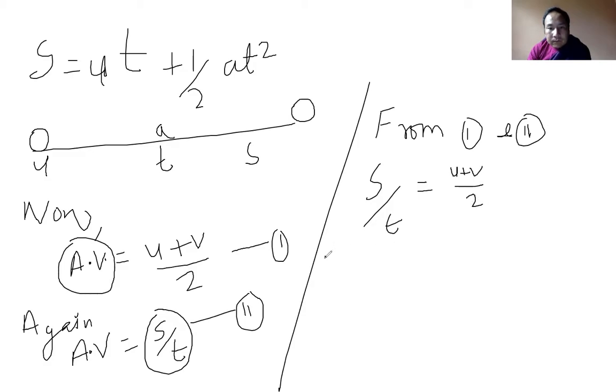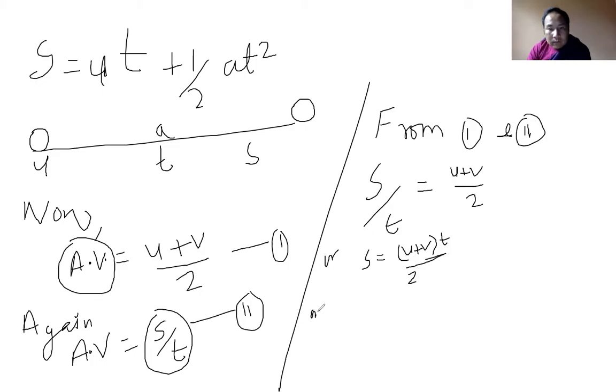Now we have to prove s equal to ut plus half at square. That means only s is needed on this side, so let's keep only s here and send the other side. When it goes the other side, it will multiply, so it turns into u plus v into t by 2.